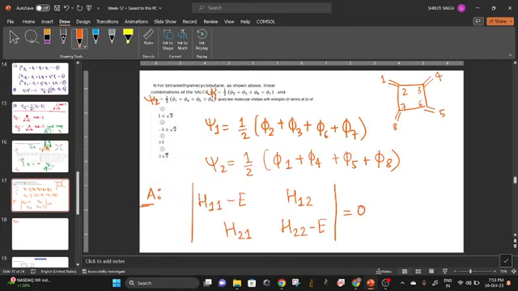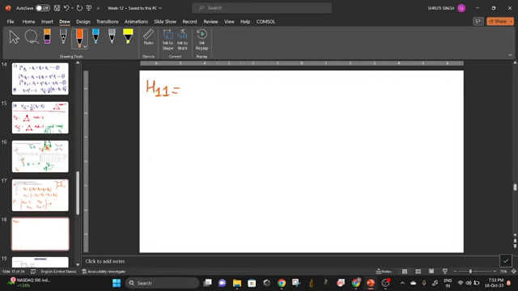1 means we need to multiply this integral of this with H1. So it will be 1 by 2 into 1 by 2, which is 1 by 4. Then integral, this is H11. Now psi 1 is equal to 2 plus 3 plus 6 plus 7.